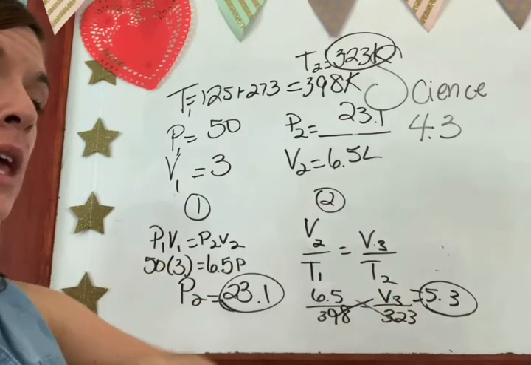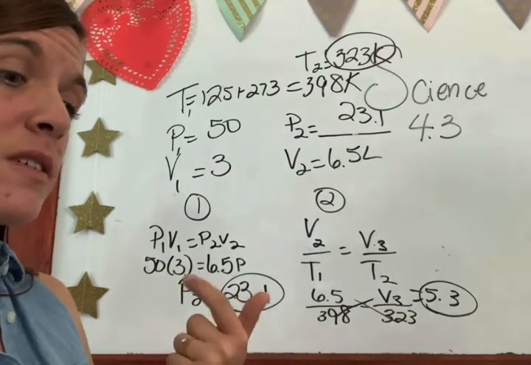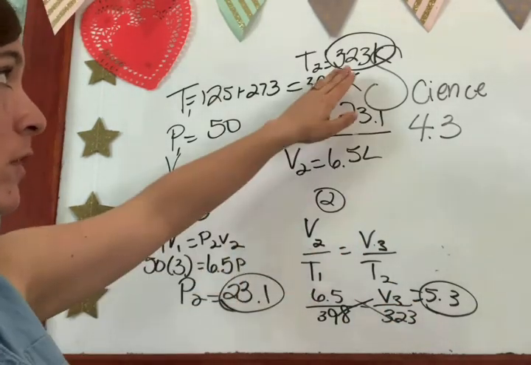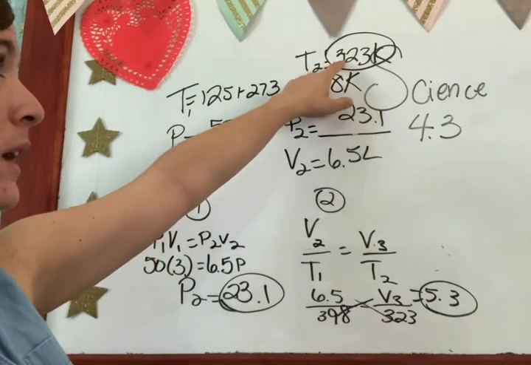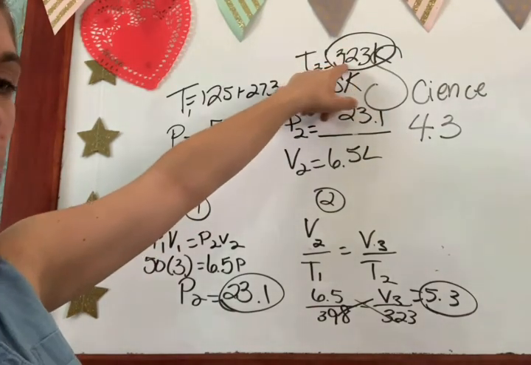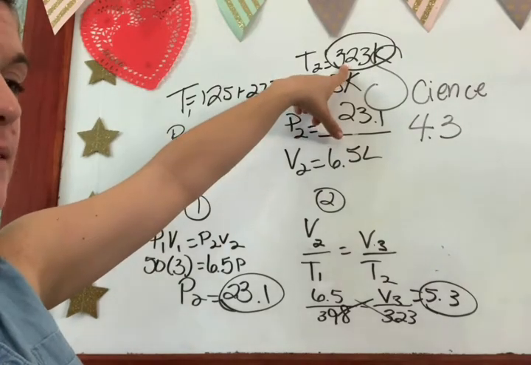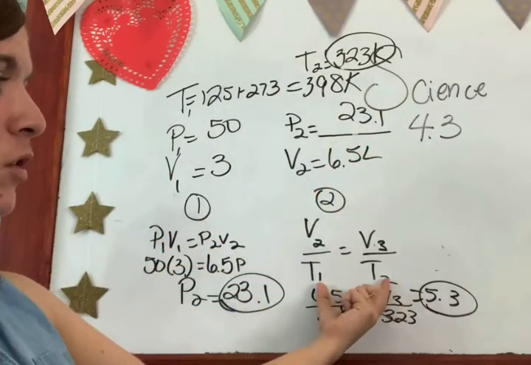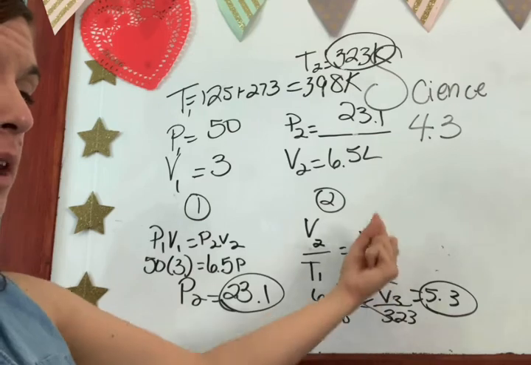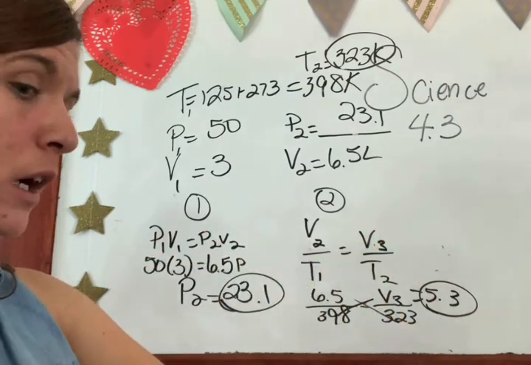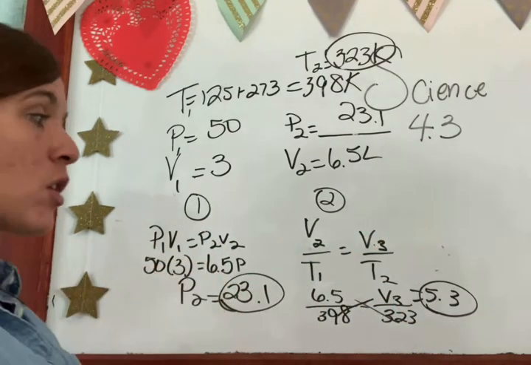Done with that. Then it says the temperature is then reduced to 50. So all you have to do is go 50 plus 273, and that's your final temperature. But we need to use that, because then it says the pressure is held constant. So now you're using this formula, V1 over T1 equals V2 over T2, to get your final volume.